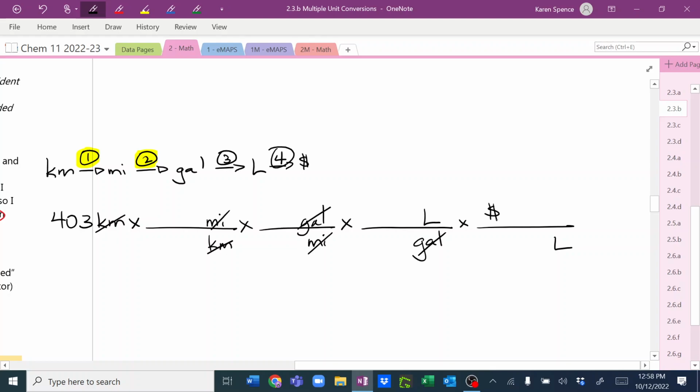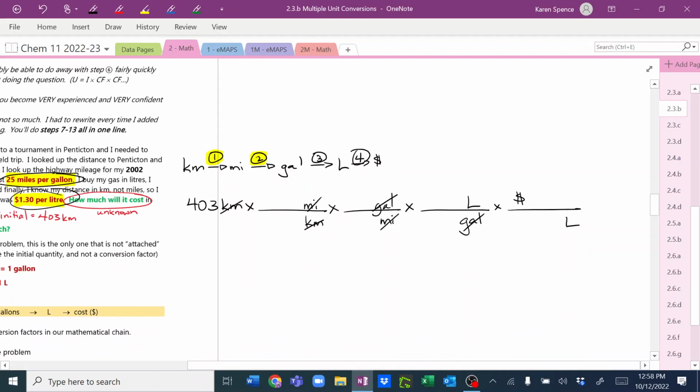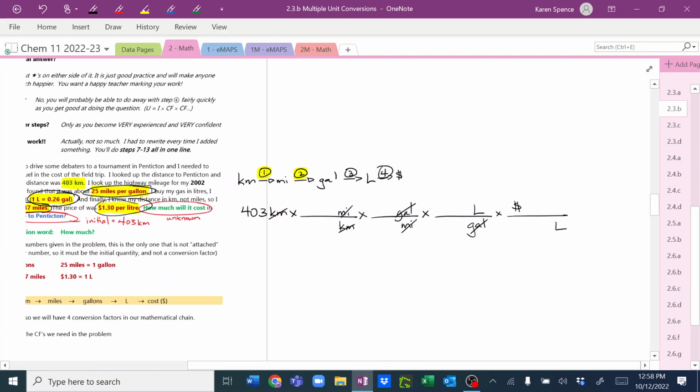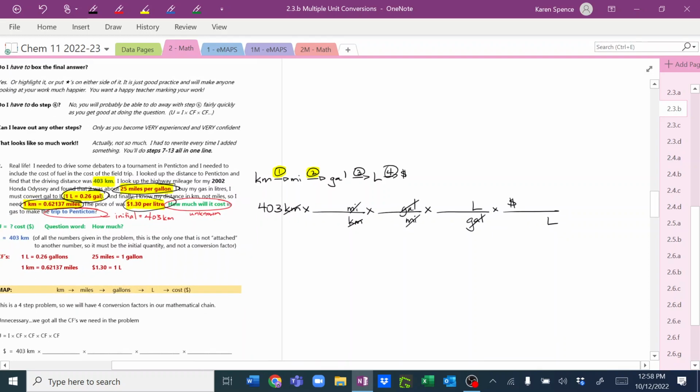And then you just go back into your question and you find all those numbers. We had miles per kilometer, 0.62137 miles per kilometer. 25 miles per gallon, so 25 goes with the miles, 1 gallon.